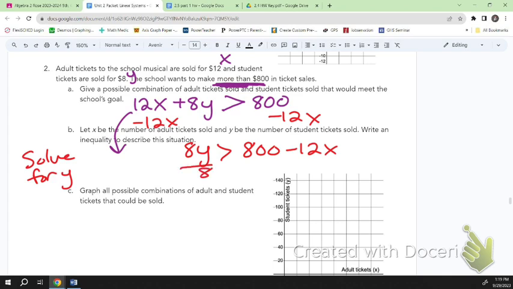Divide everything by 8. I would just simplify that 12 over 8. 4 goes into 12 3 times. 4 goes into 8 2 times. And now I could put a point here and graph it.